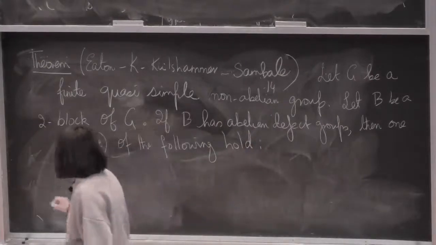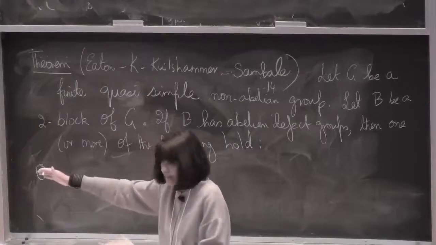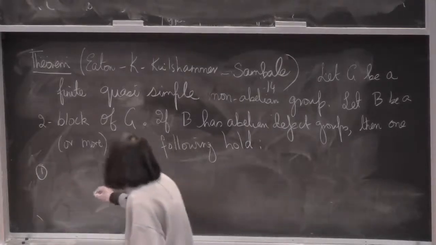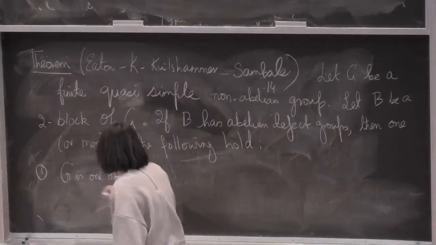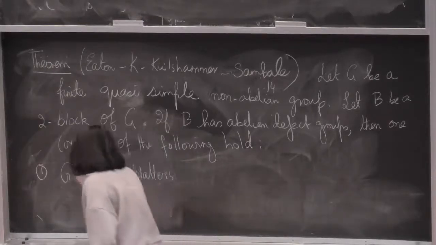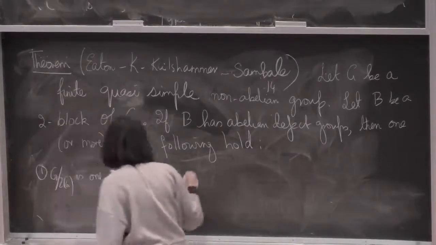Okay, the first thing is that, of course, we have these groups of John Walter himself. So G could be one of Walter's groups, I should say G mod Z of G, so we go to the simple one.